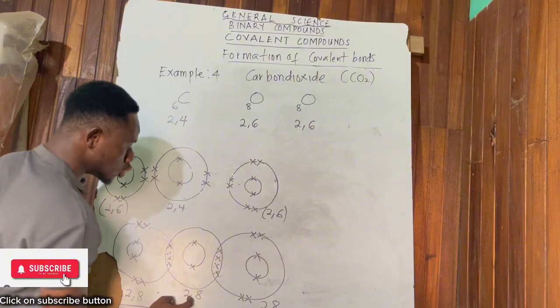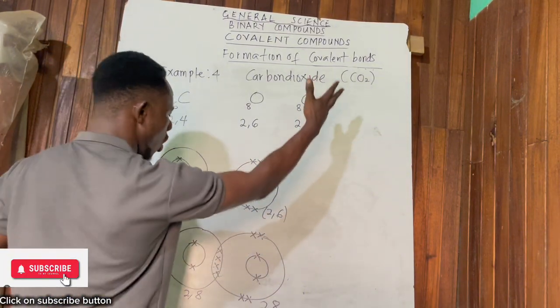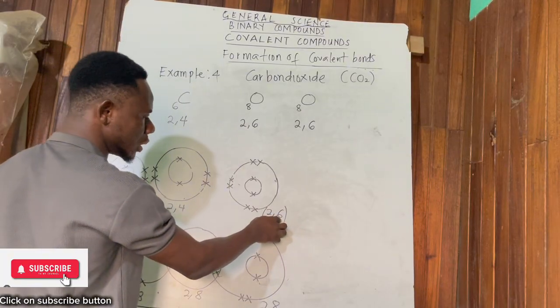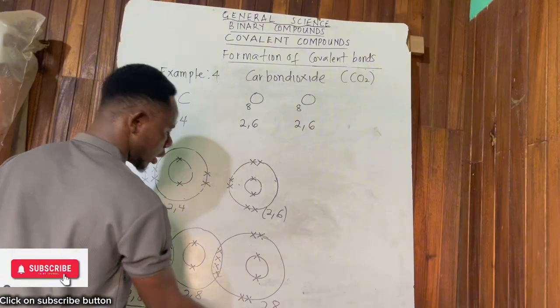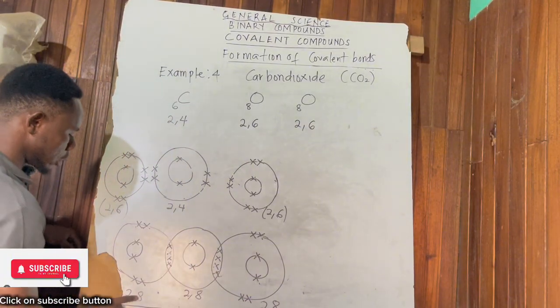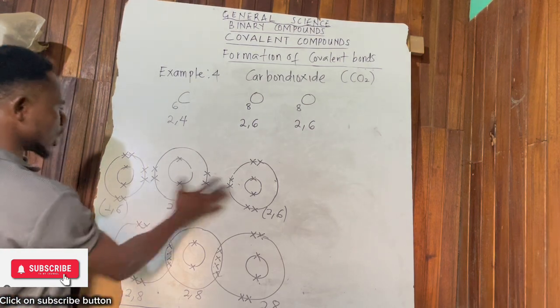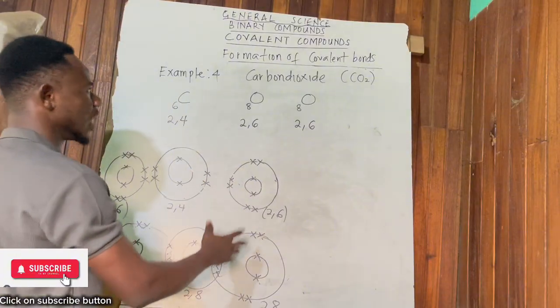We had 2, 8. This one too needs 2 more to be stable. So if you need 2 more to be stable, then you are going to get what? 2, 8. That's why when we did, we had 2, 8. Then same here, same oxygen, we had 2, 8 like this. So just look at this. This is how we are going to do it. So this is for the formation of covalent bonds.